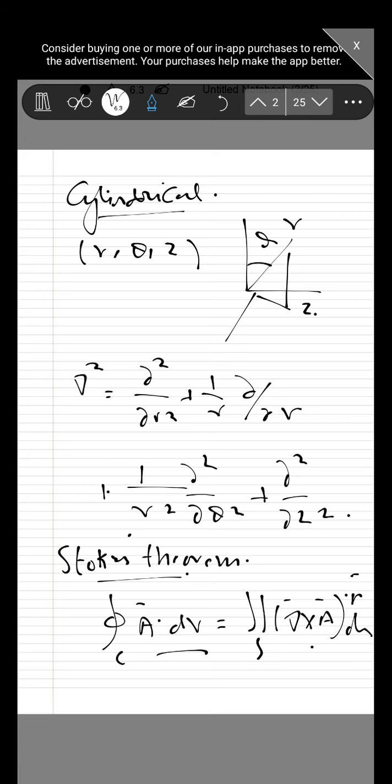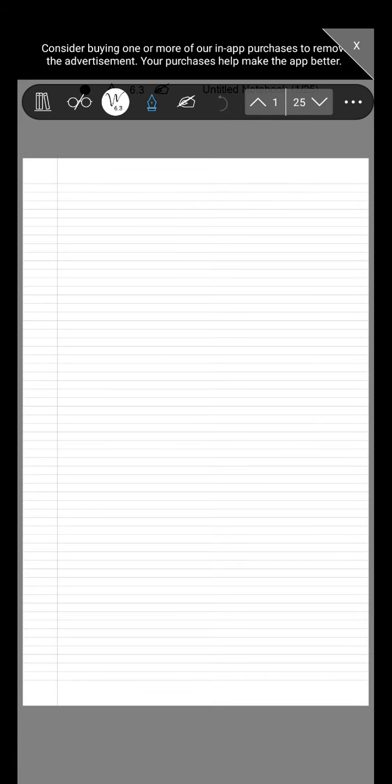So in words, you can write that the line integral of the tangential component of a vector. So let's write the Stokes theorem once again. A dot dr is equal to del cross A dot n ds.